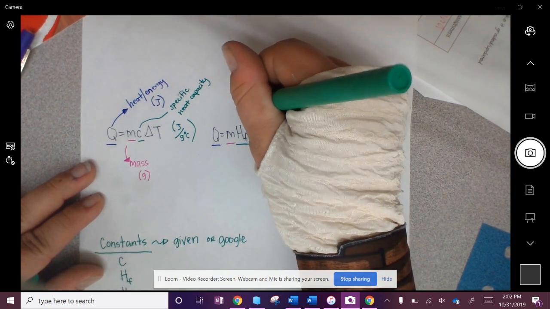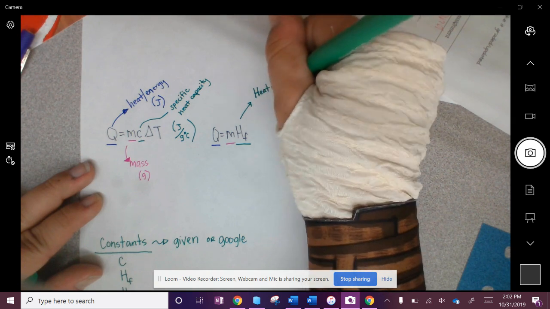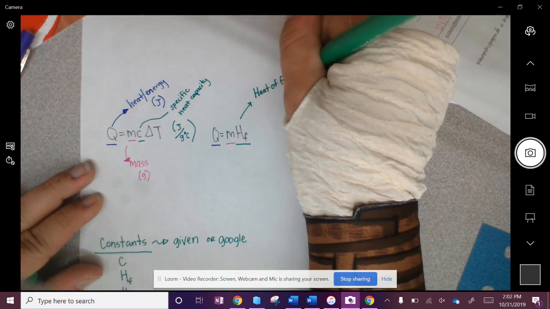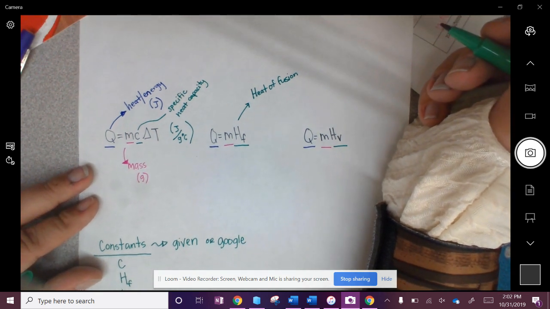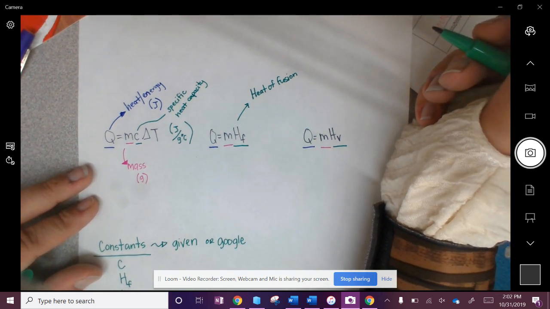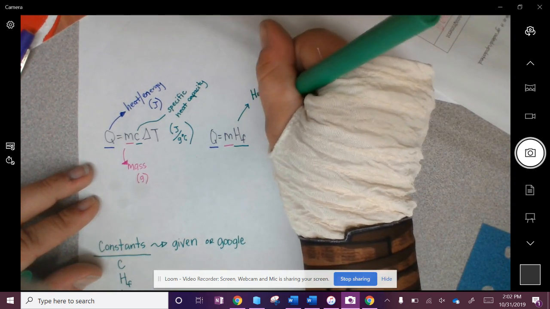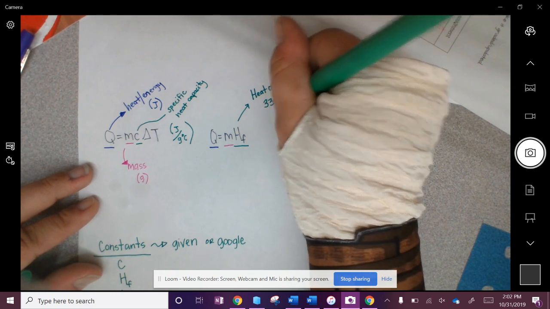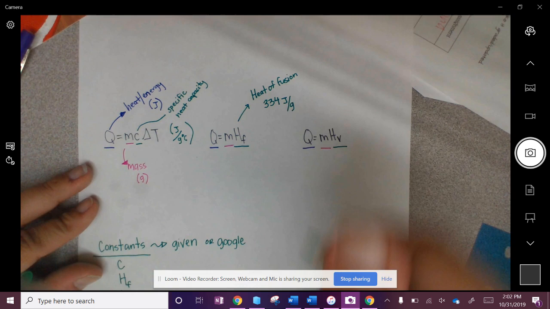HF is the heat of fusion. And we do need to be able to recognize the heat of fusion of water for this class. So the heat of fusion of water is 334 joules per gram. And so there you can see the units for the heat of fusion as well.